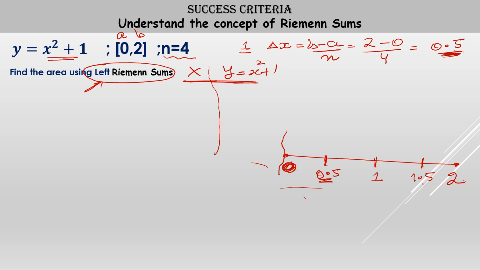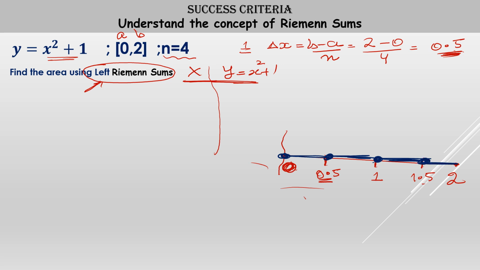So the left corner of this rectangle is here. Left corner of this rectangle would be this point. Left corner of this rectangle would be this point. And so I have point 1, point 2, point 3 and point 4.